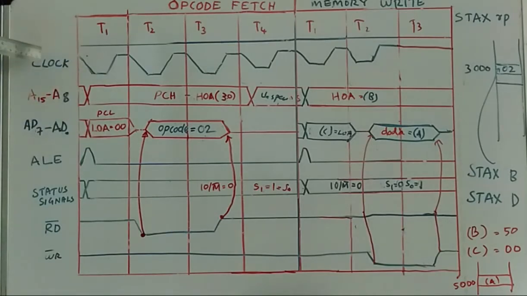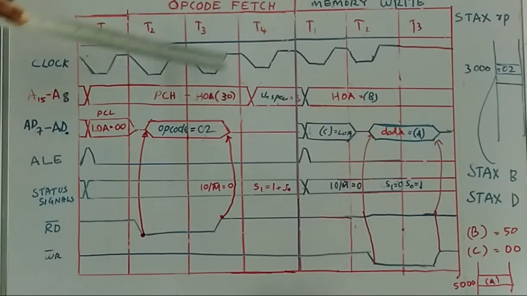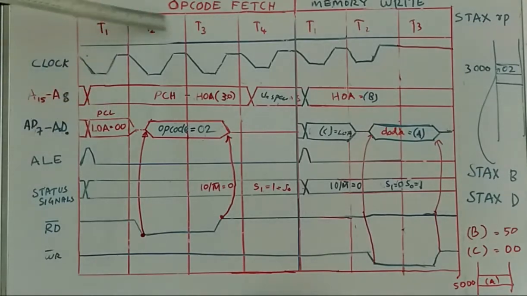Coming to the timing diagram, first of all we need to draw this clock signal. During the first, second and third clock cycles, the address bus carries this higher order address, that is 30, and during the first clock cycle only, the low order address is handled by the address data bus. During the second and third clock cycles it is free.